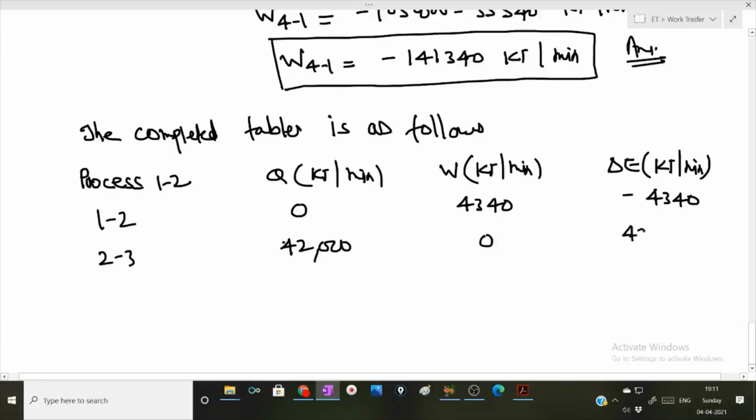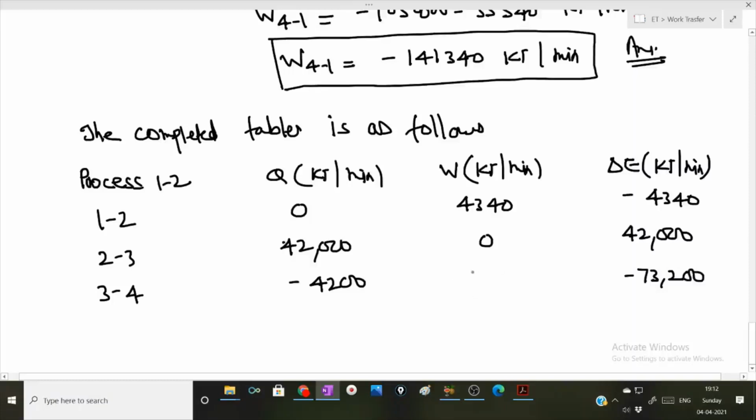So delta E will be 42,000 kilojoule per minute. For process 3 to 4, the value of Q was given as minus 4200 and the value of delta E was given as minus 73,200 kilojoule per minute.